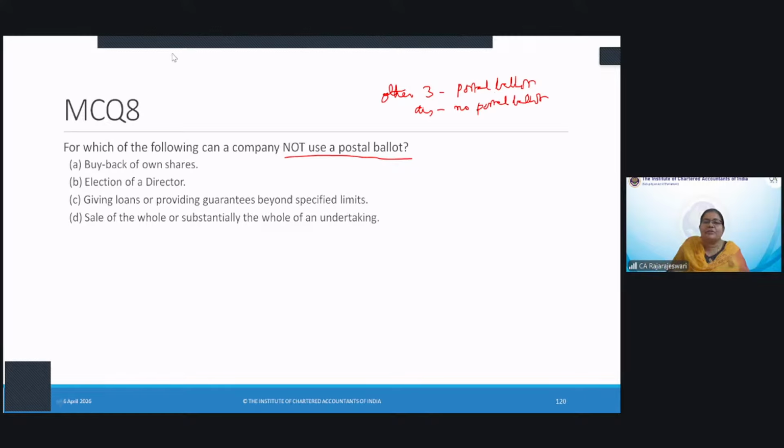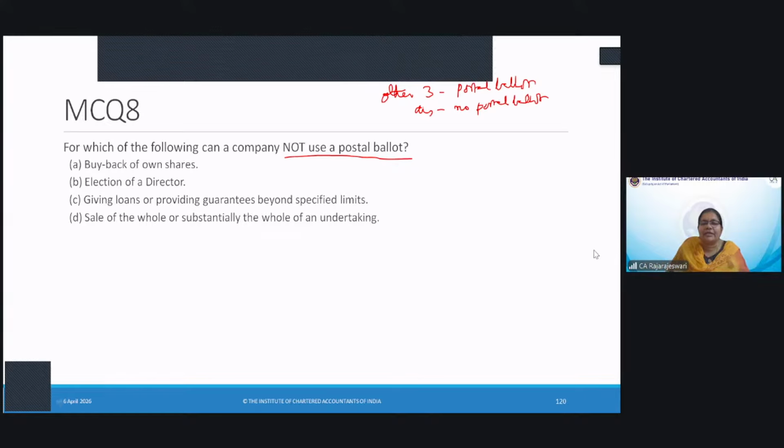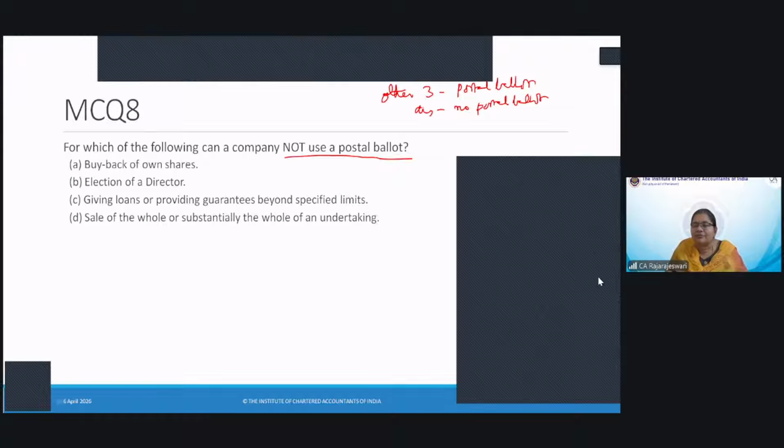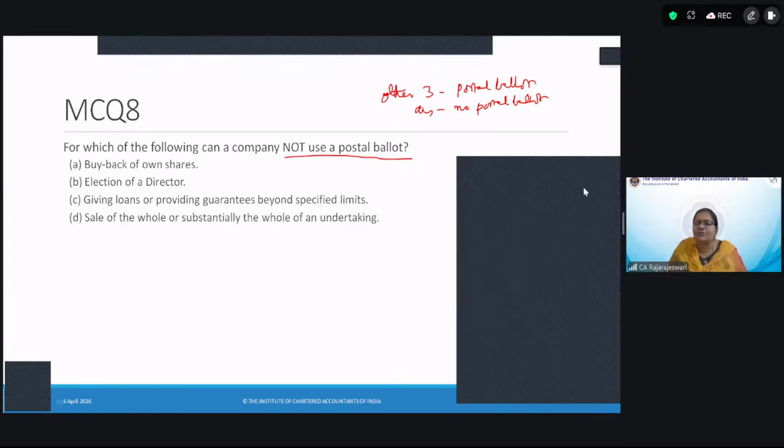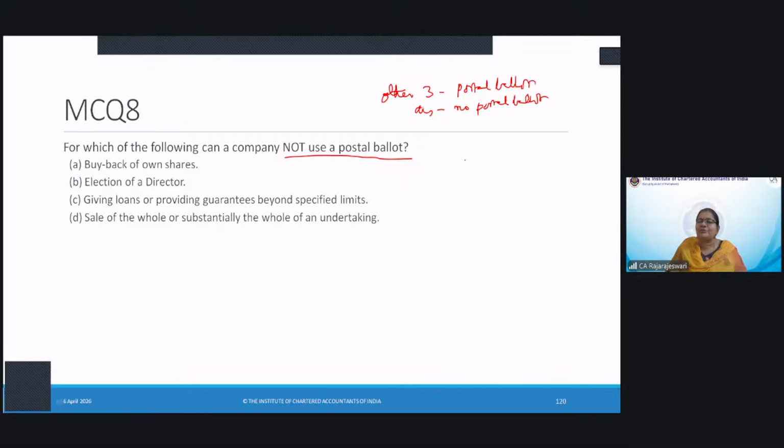If you have understood the provision, yes, you can give it. See, when postal ballot cannot be used, for an ordinary resolution, you don't use the postal ballot, right? See, only for ordinary resolution, postal ballot cannot be used.